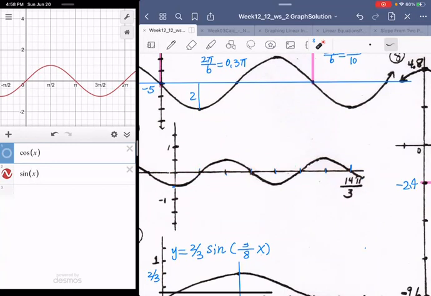Okay, next. What is the amplitude? How much is it here? Alice, how much is the amplitude here? 1/2. Very good.